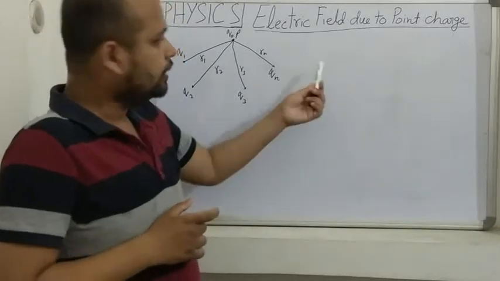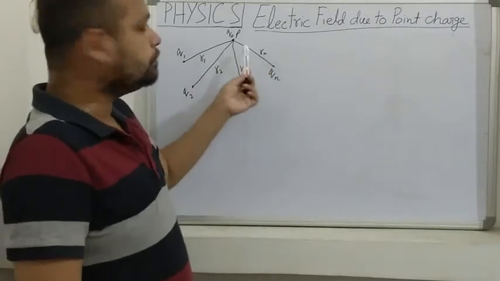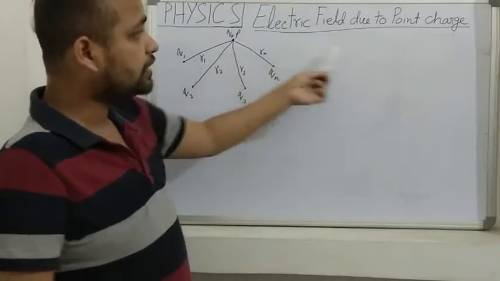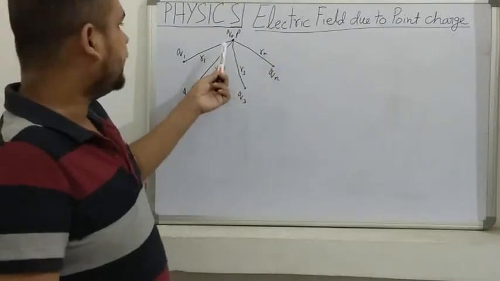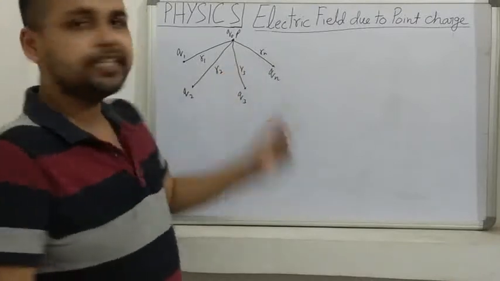We are going to apply the superposition principle here, and with the help of that we'll find the net electric field at point P due to all these charges.